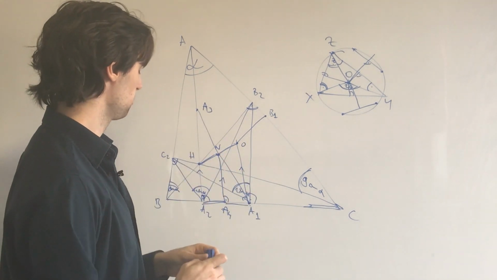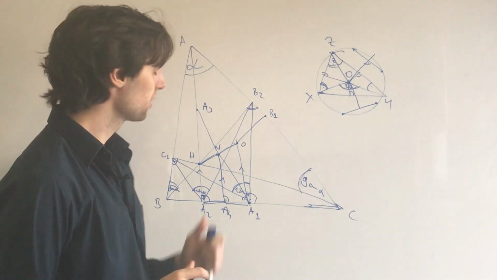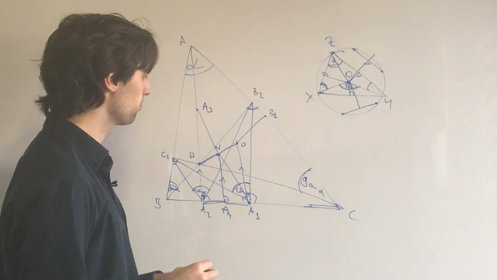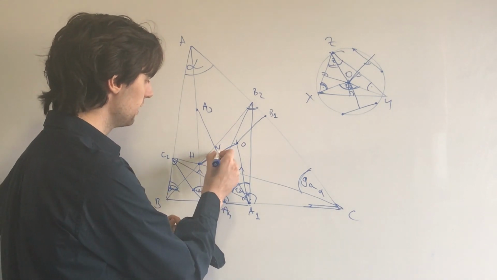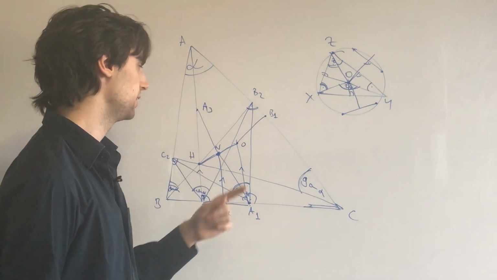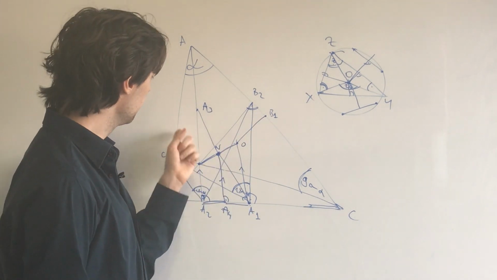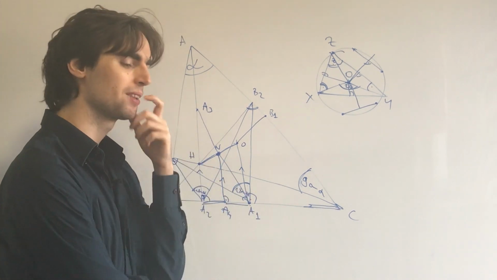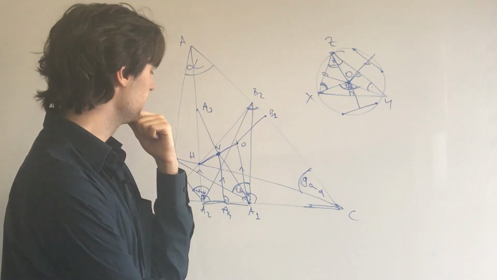But now my question for you is, this has an interesting fact, which is that A1A3, B1B3, and C1C3 all pass through the same point, namely N. But there's also another interesting property.